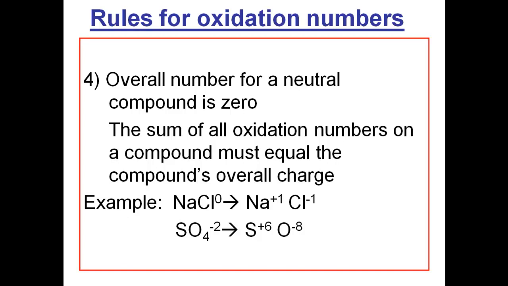That means the overall oxidation number of all the oxygens in sulfate is -8. But since the sulfate ion has an overall charge of -2, sulfur can't have a +8 charge. It has to have a +6, because when you take +6 and subtract 8, you get -2.